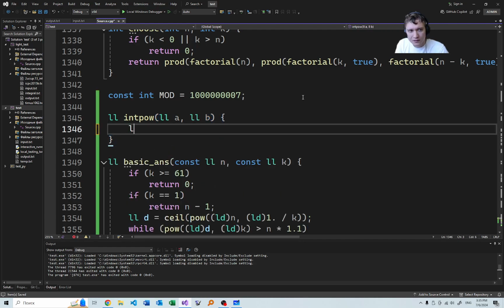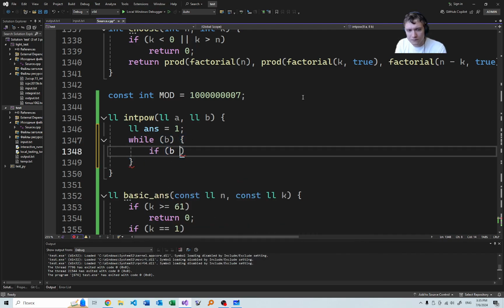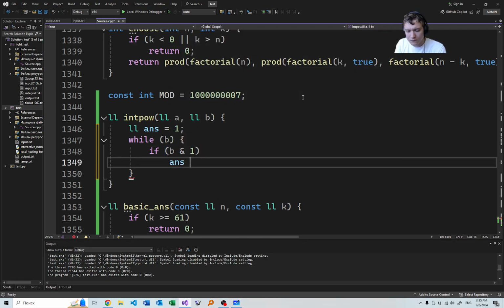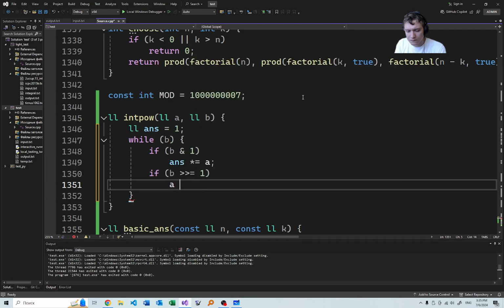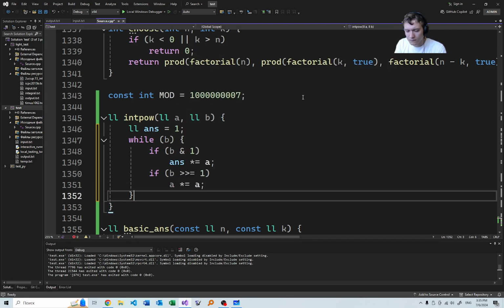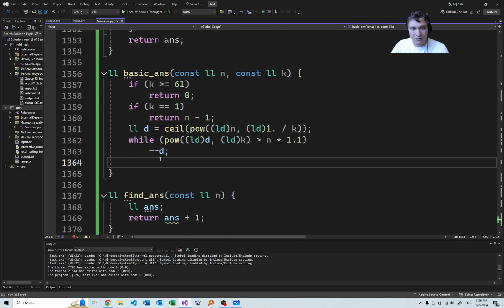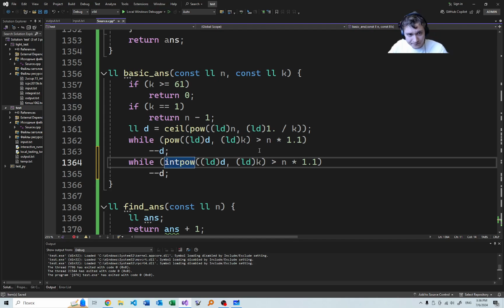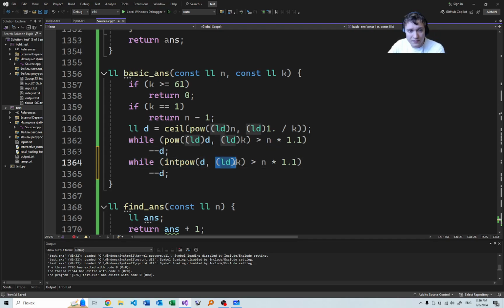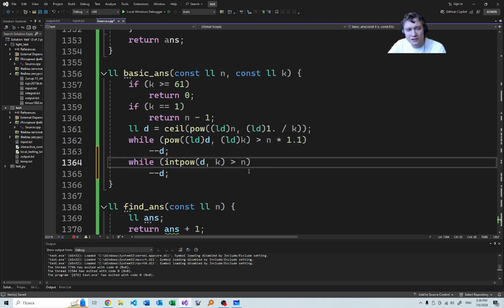No. So I say now actually almost the same, but instead of power I use int power, and instead of greater than n times 1.1 I simply use greater than n.